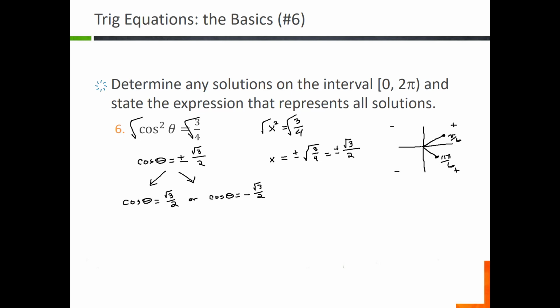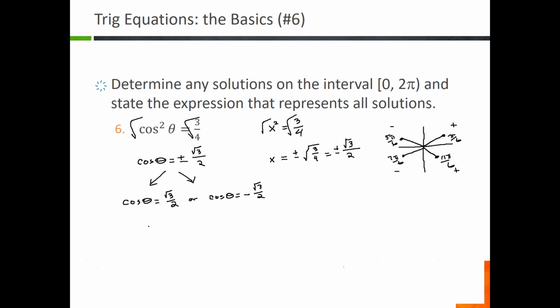We're also going to have one in the second and one in the third quadrant. So the pi over 6 angles over on the left side are going to be 5 pi over 6 and 7 pi over 6. So those are the four angles on the unit circle from 0 to 2 pi that produce a cosine of either a positive root 3 over 2 or a negative root 3 over 2.